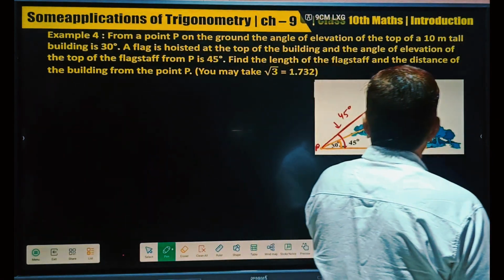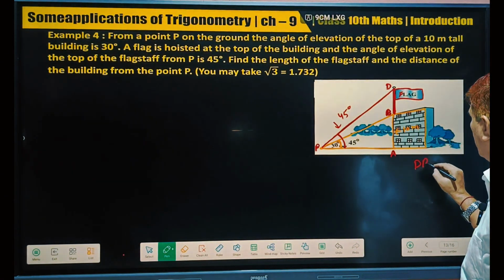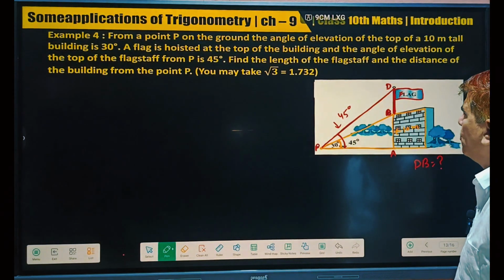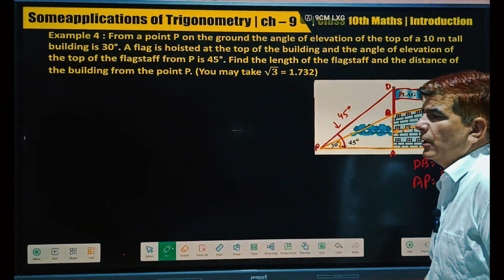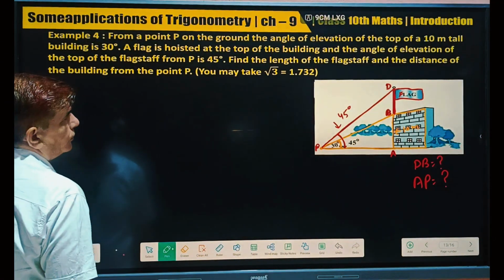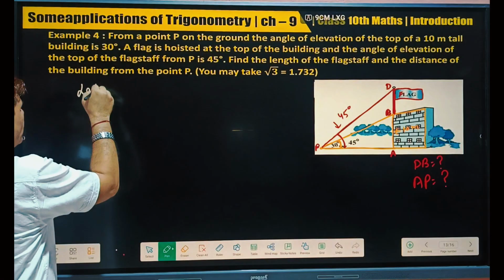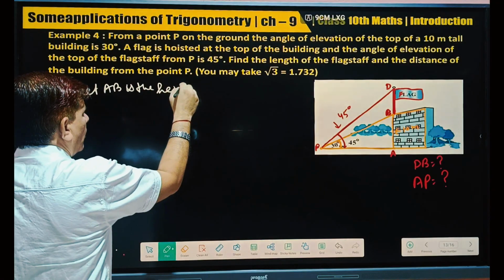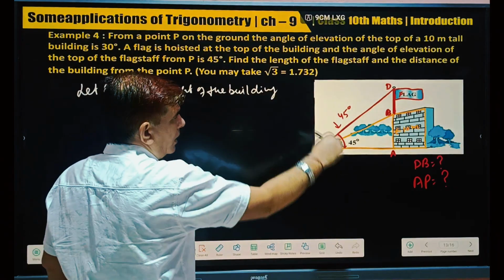Find the length of the flag staff. Find the length of this. It means you have to find out DB. Understood? And the distance of the building from point P, you have to find out AP. How much is the value of AP? So come to the point. How can we show? What can we write? Let AB be the height of the building.